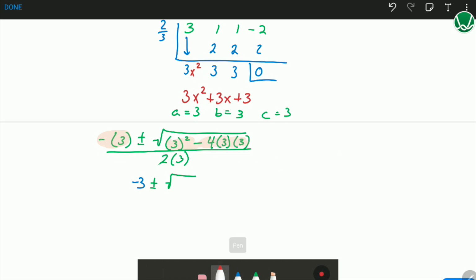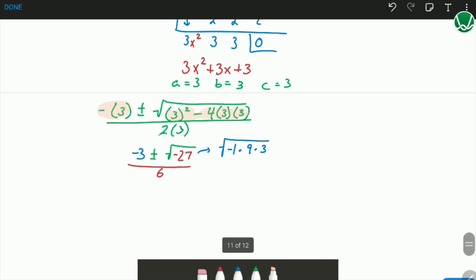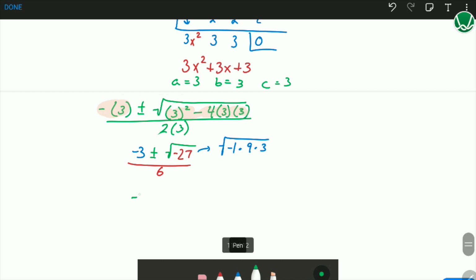36 minus 9 is negative 27. Yeah, negative 27. All over 2 times 3, which is 6. Simplify that radical. So negative 1, 9 goes into 27, and 9 times 3. So if we simplify the radical, we have negative 3 plus or minus square root of negative 1 is i.